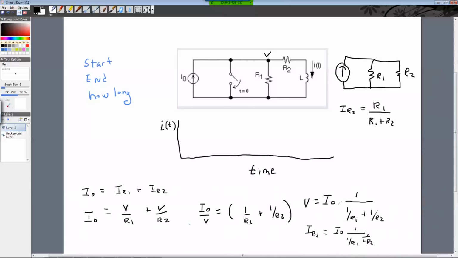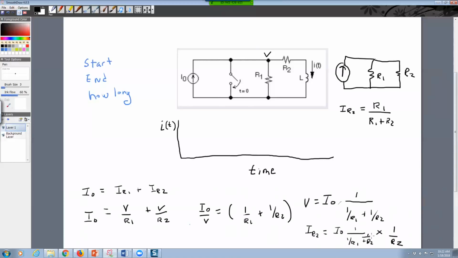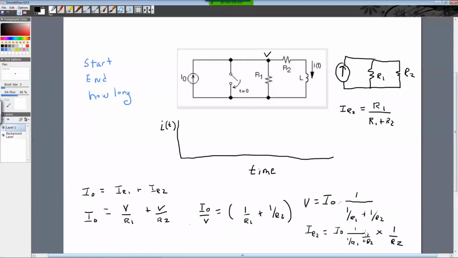Oops, all right, that's the V divided by 1 over R2. And then you can take it from there. I don't want to spend too much time on that, but that's pretty much what would tell us where the starting point was.